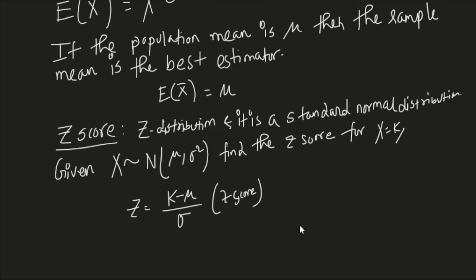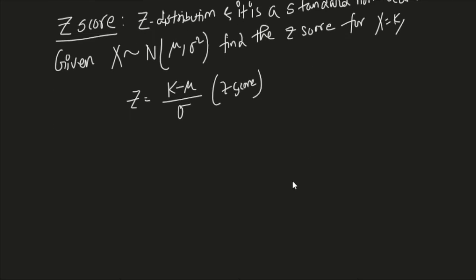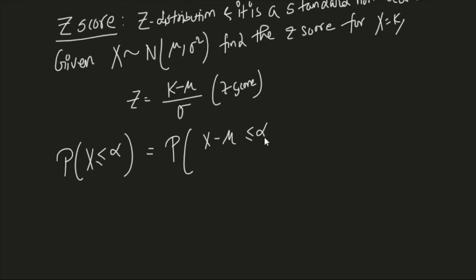So what it means is that the z score basically follows the normal distribution. Now, how to find probabilities of certain things? Suppose we have to find the probability of x less than or equal to alpha. If this is the case, then we subtract the mean on both sides first, then we divide by the standard deviation.